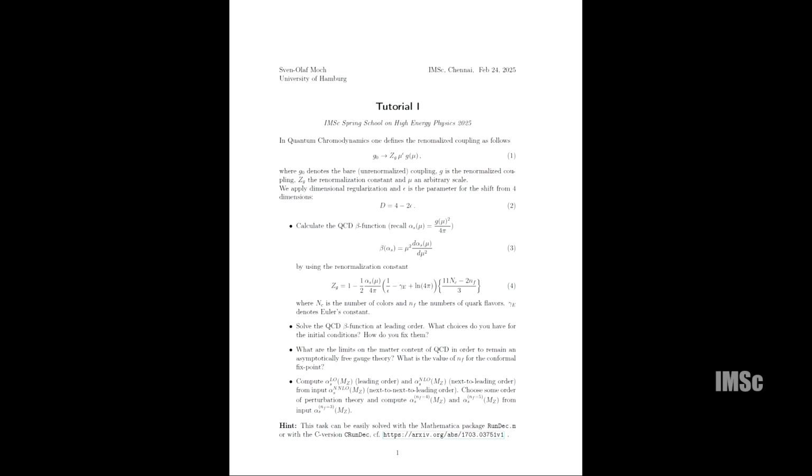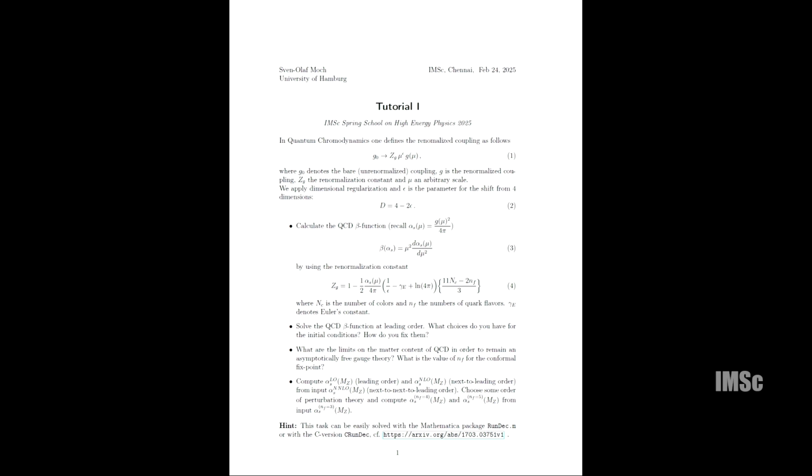In order for that number to remain positive, so that the overall sign of the beta function remains negative, you can solve it easily for NF, and this will give you 33 over 2.